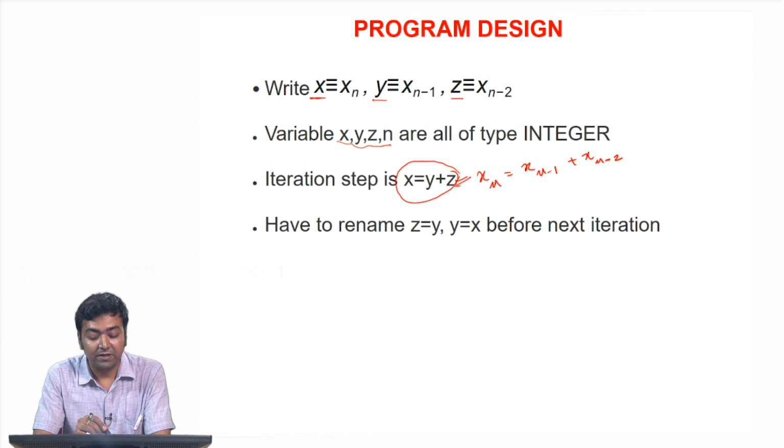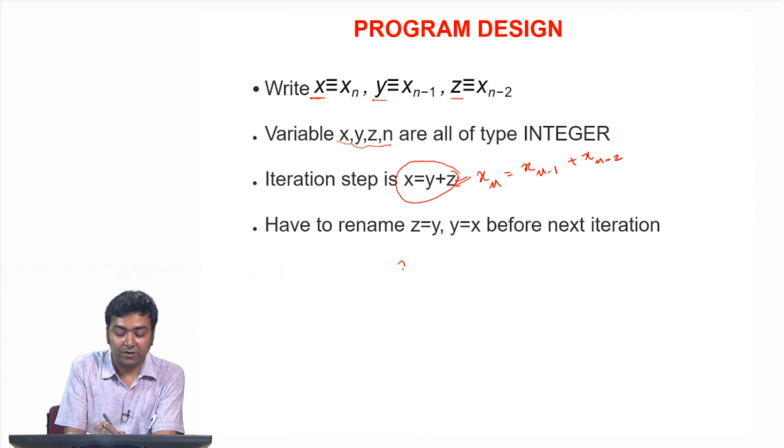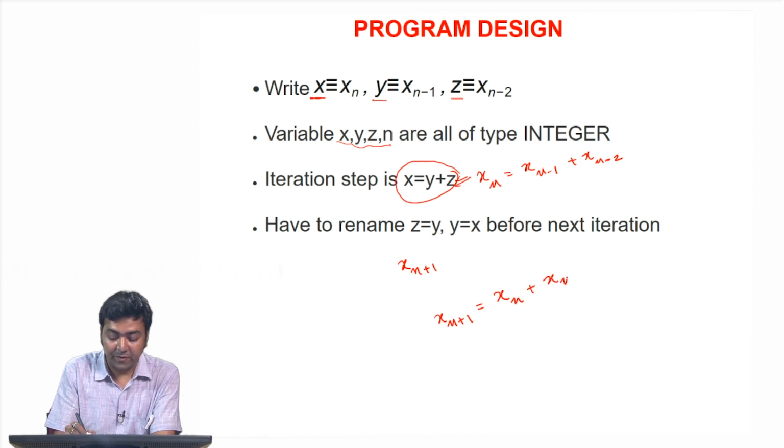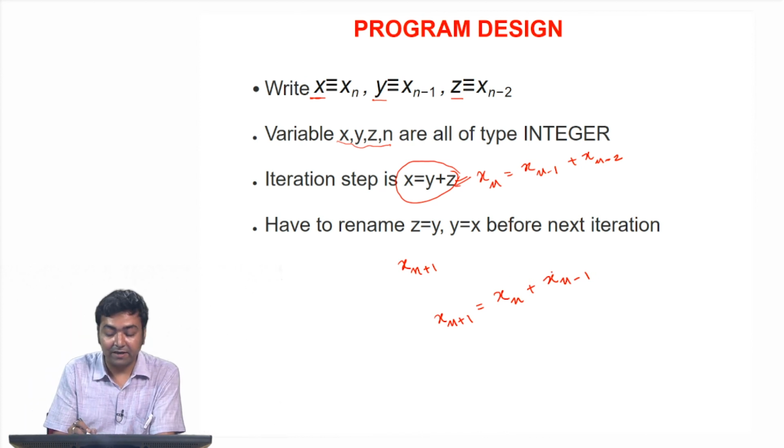Now, once this is done, suppose I have computed xn and now I want to compute xn plus 1. For xn plus 1, I will have xn plus 1 equals xn plus xn minus 1. So, what was earlier xn minus 1 will now become xn for the next step.